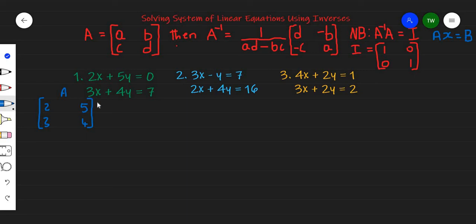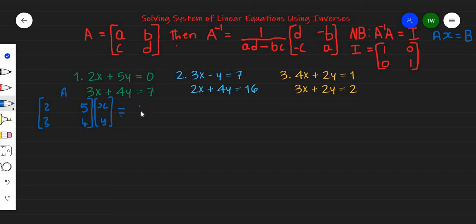Now I need a matrix that I'm going to call X, and that's going to be the variables. So it's going to be x and y, all right? So these are the unknown values, or the letters in the given system or simultaneous equations, right? Now this is going to equal [0; 7].